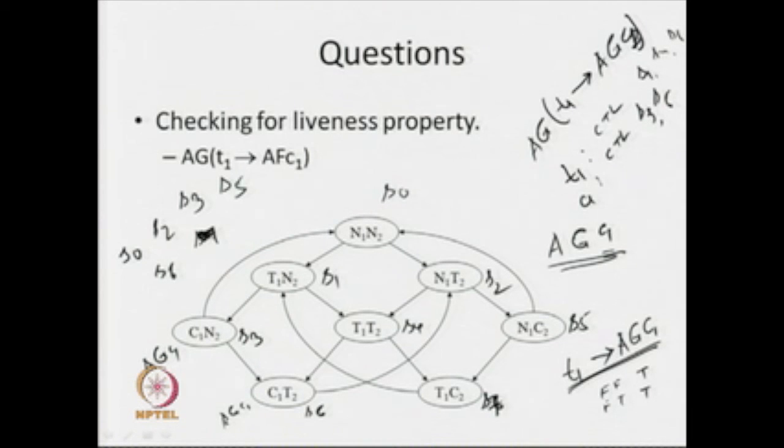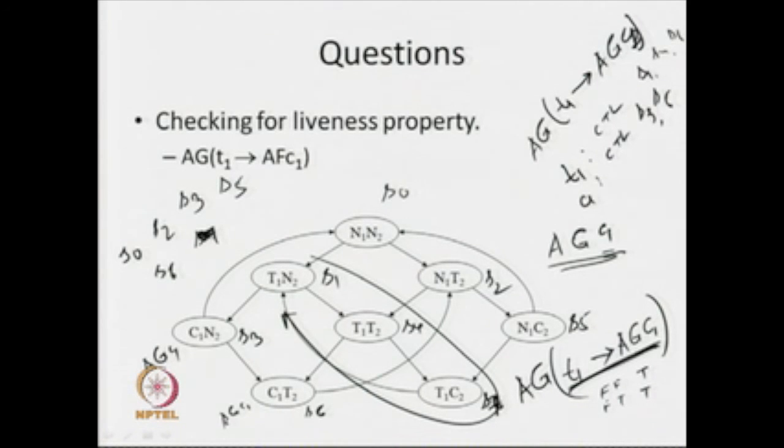What will happen to T1 implies AG C1? You just see that if T1 is true, then in all paths globally C1 must be true. Already you have seen that in this particular part nowhere am I going to get C1. So, in these particular 3 states, this formula is false. Now, we know the labeling of this formula, then I can look for the complete formula AG (T1 implies AG C1).